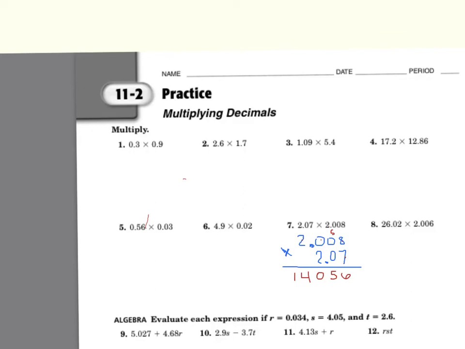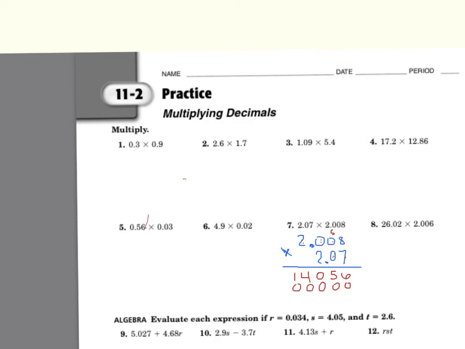Okay, let's start the next row. I'm going to start with my 0, and then 8 times 0 is 0. 0 times 0, 0. 0 times 0, 0. 0 times 2, 0. You guys should be working faster than I am, because I'm talking a lot when I'm working these problems.